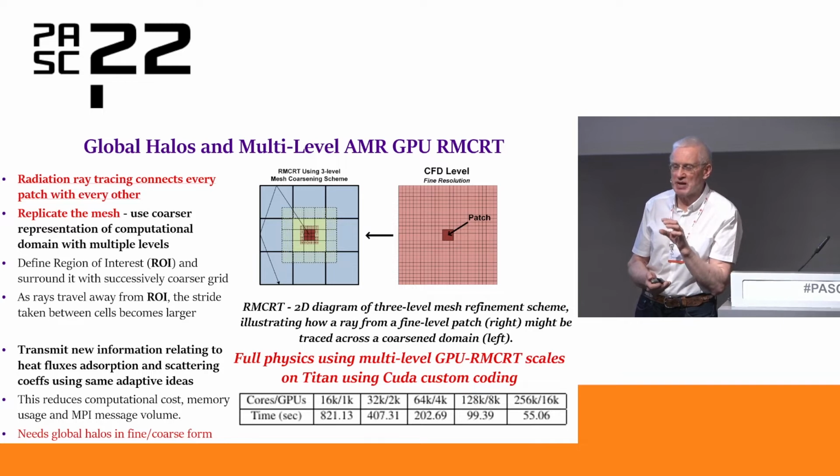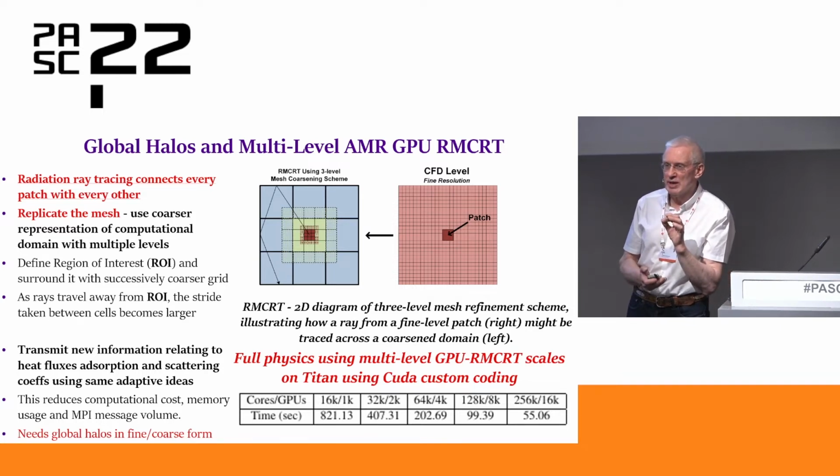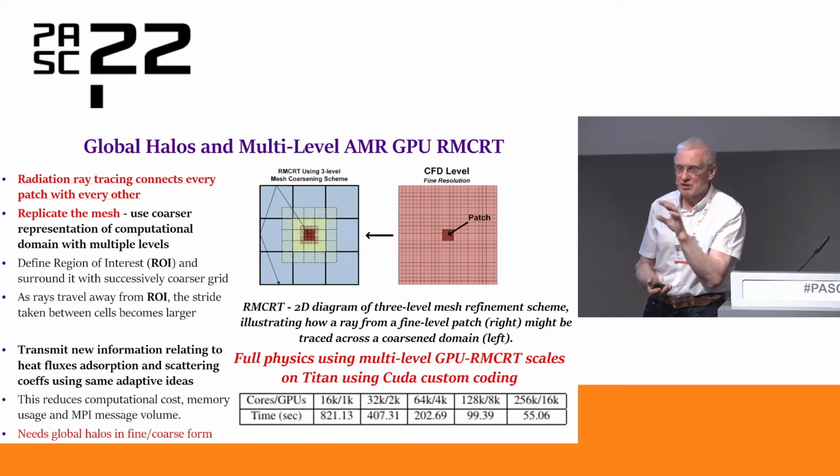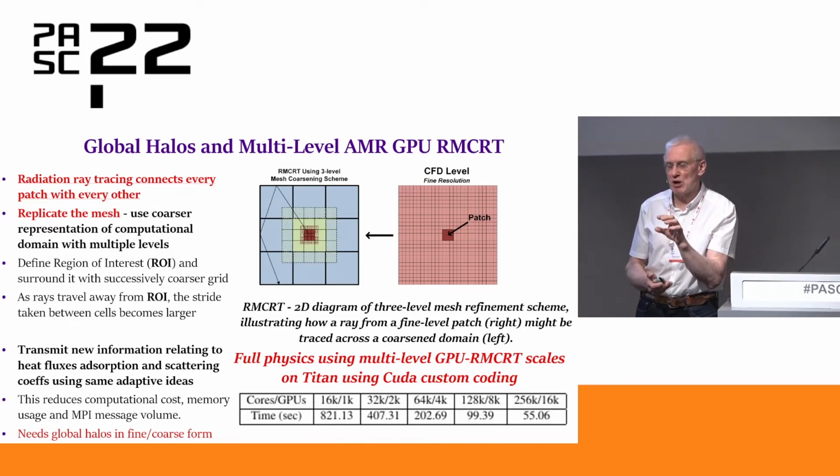And the way that we get around this is through the use of adaptive meshes. What we do is we essentially have a fine mesh around the radiation source, which is actually every patch there's radiation emitted, and the mesh for that patch gets coarser the further you move away. So we have a coarser mesh in the far field, and a fine mesh close to the source.